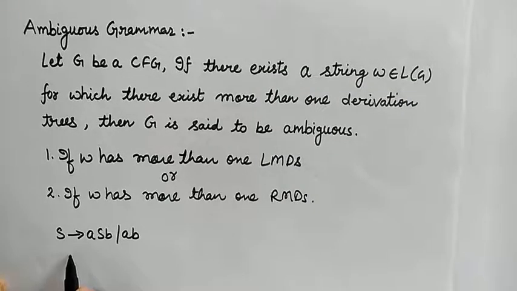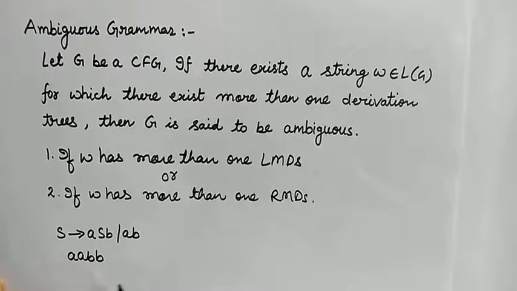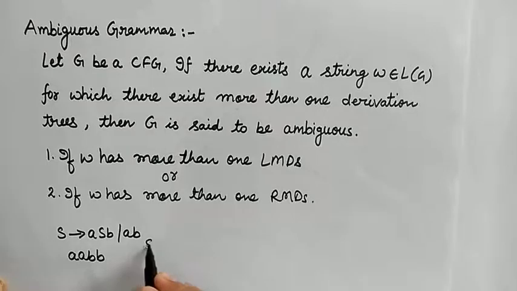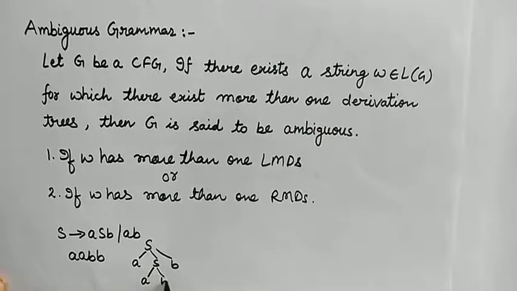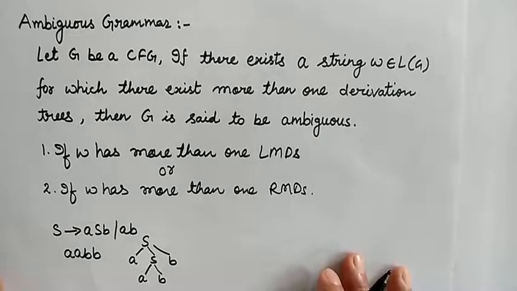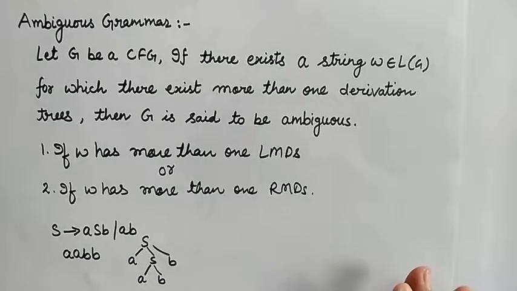Like if I want to derive say AABB, there is only one possibility, S → ASB, then S → AB. There is no other derivation possible for any of the strings of this grammar.